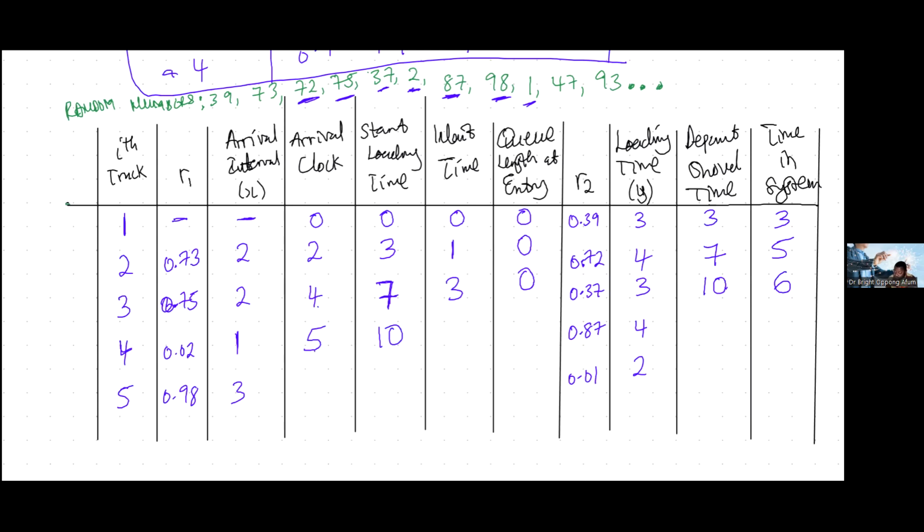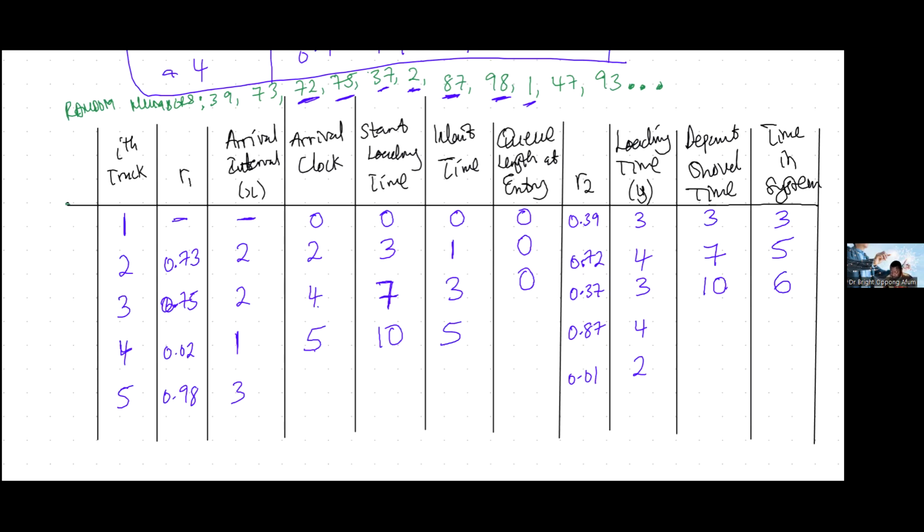Then it's going to wait for 5 minutes, right? Now, at the 5 minutes, will there be queuing? Yes, because in the 5th minute, shovel 1 is gone, but shovel 2 is being loaded in the 7th minute.